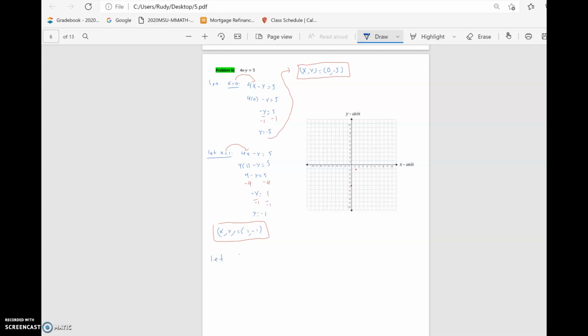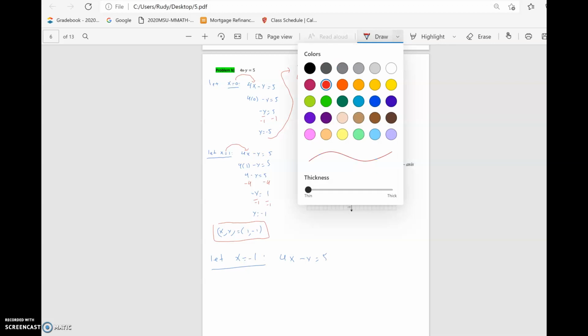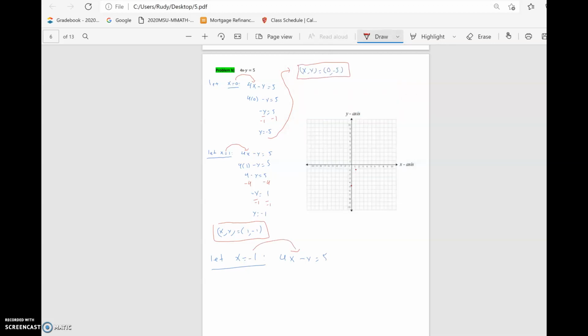So in this case, let x is equal to -1. And we're going to end up with 4x minus y is equal to 5. And then plugging in, that would give us 4 times -1 minus y is equal to 5.